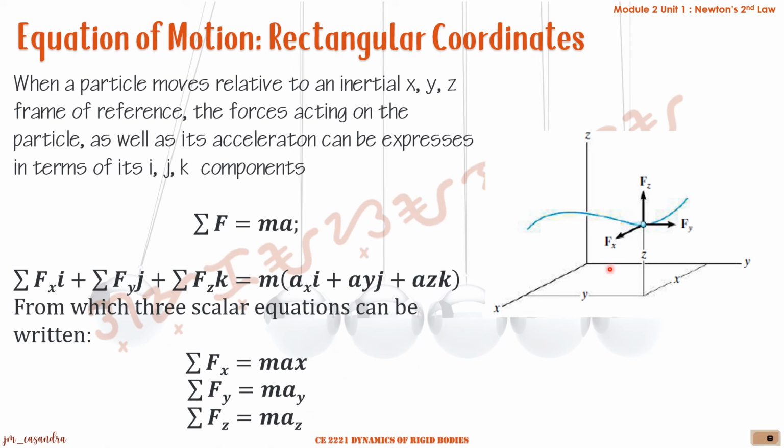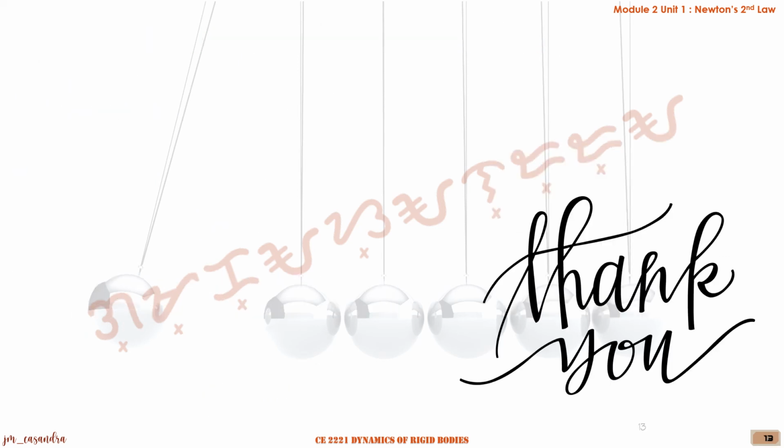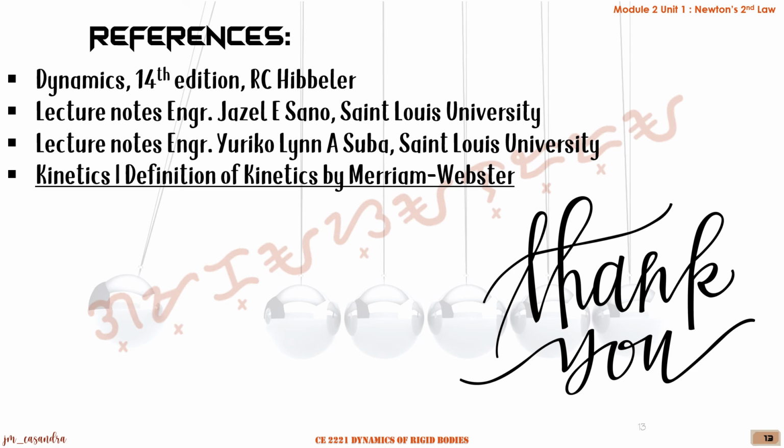So kung 2-dimension, ang gagamitin lang will be xy. Kung 3-dimension, we use this one. So that we could get the magnitudes of the force and the magnitude of your accelerations. Okay? So that's it for our examples for Newton's second law, or the relationship between forces and acceleration.